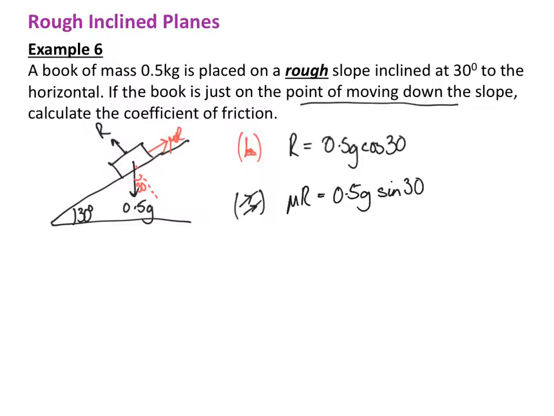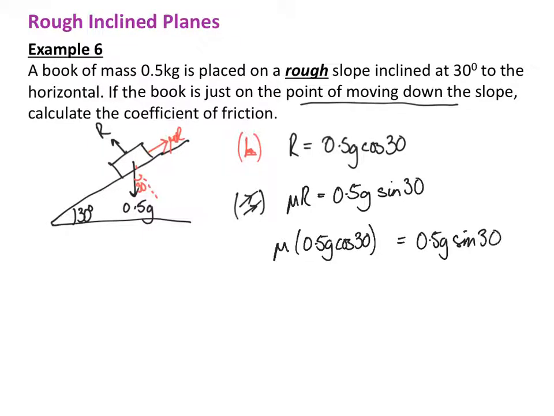And if we fill in from the first equation into the second equation, we're going to get mu times 0.5g cos 30 equals 0.5g sine 30.